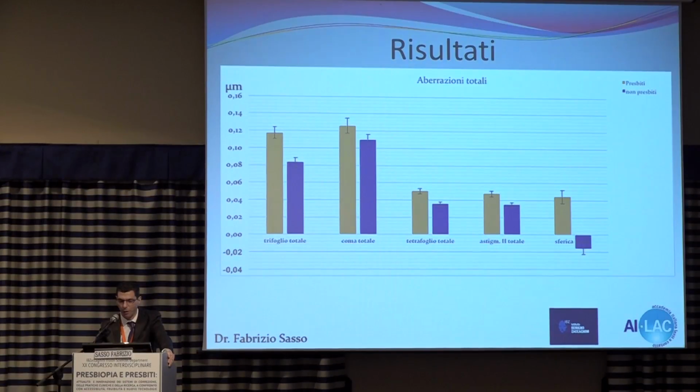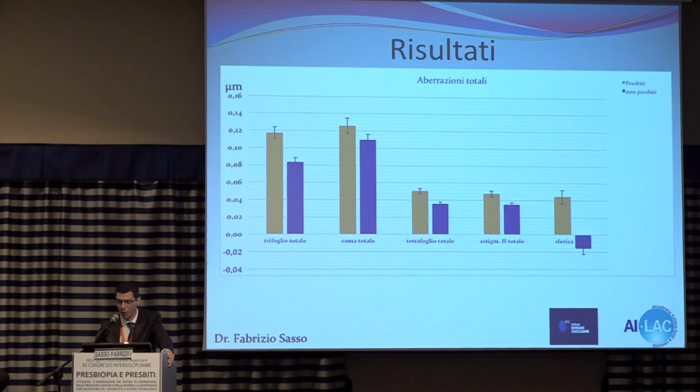Here you see the results for total high-order aberrations. Here they all increase. Look at this spherical aberration. It has the largest aberration. It changes size. It changes a lot. Statistical significance is better here.